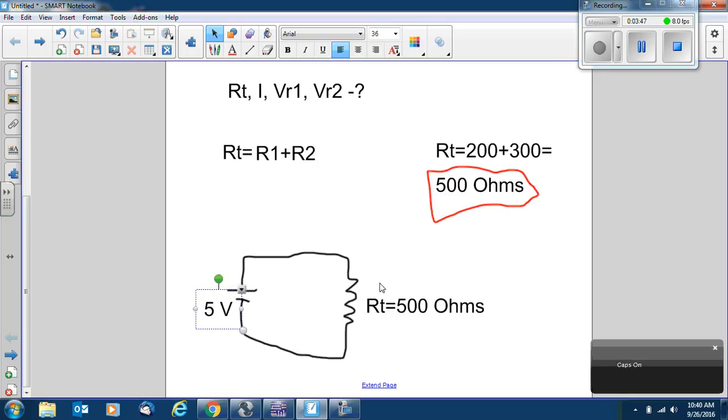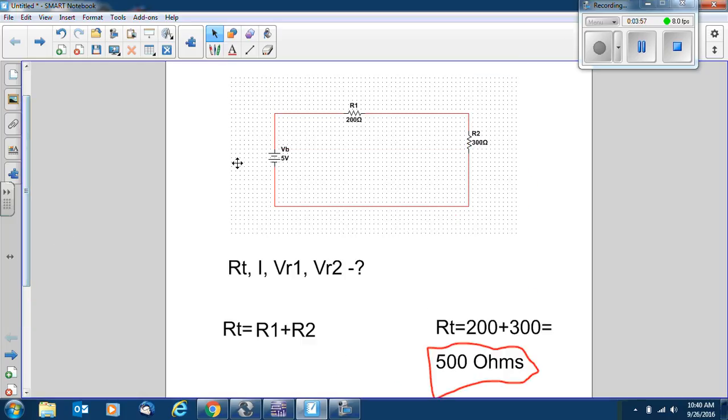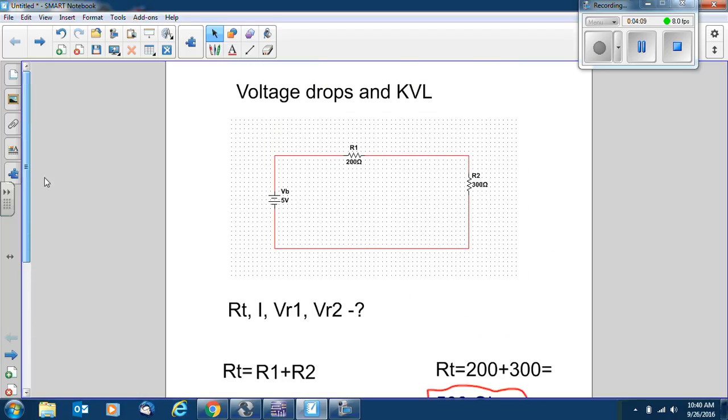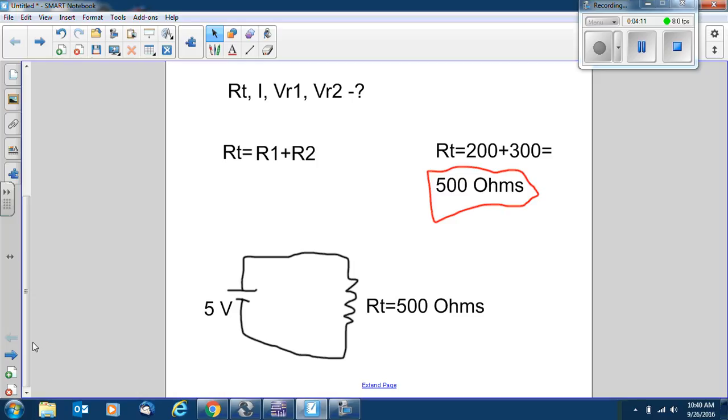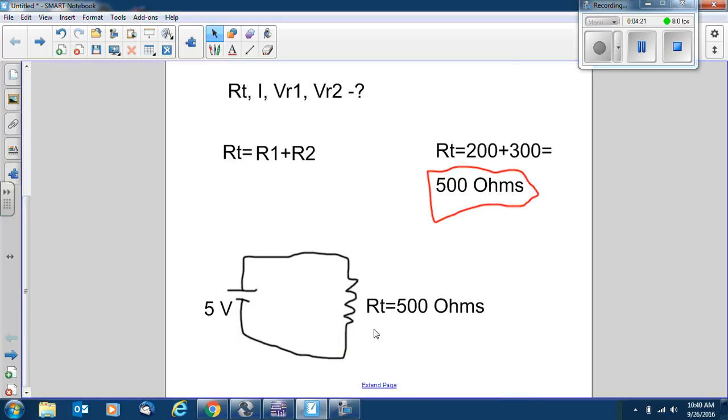Now notice that this particular circuit over here will have exactly the same current flowing through it as the circuit over here. This is something called an equivalent circuit. Its voltage and current are exactly the same as the circuit above. And the total resistance is exactly the same. It's the specifics that are different. Over here, they're broken up in 2 resistors. Over here, you have just one.